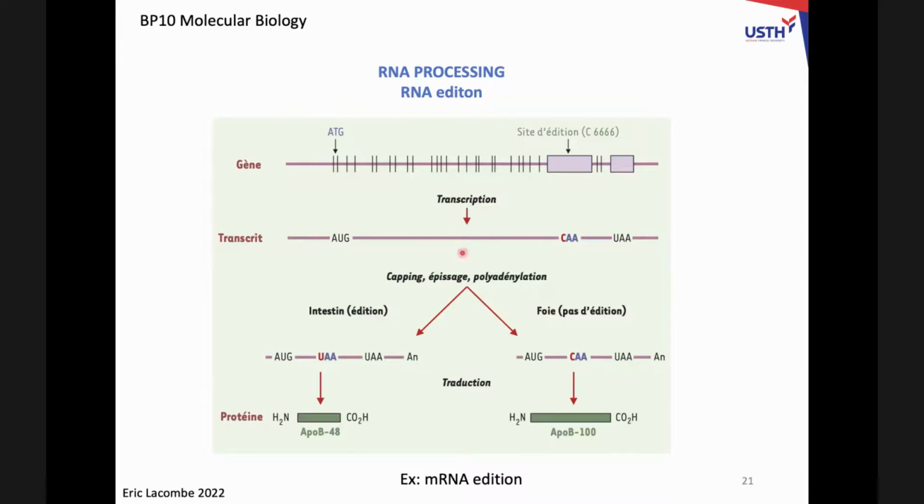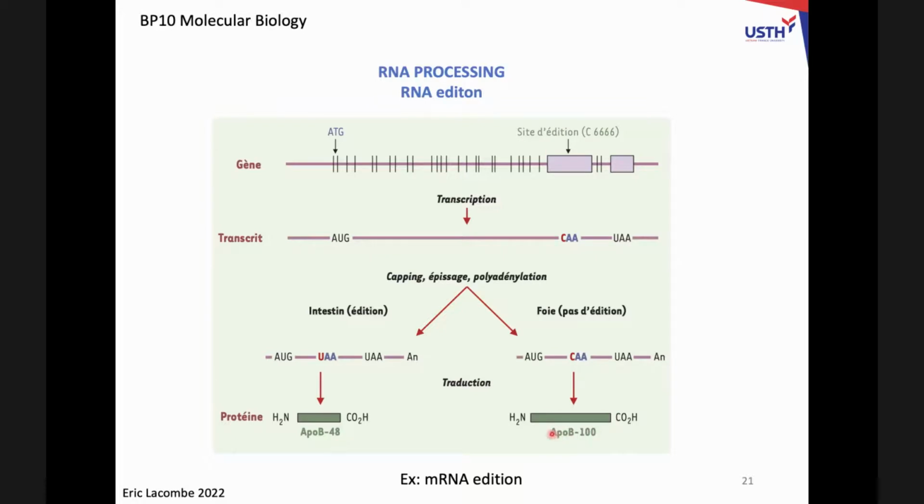If this messenger is produced in the intestine or in the liver, the editing of the RNA will be different, and this editing is particularly drastic because in the liver there is no editing, pas d'édition, no editing. The sequence CAA present in the messenger is kept and the protein is translated as it is.